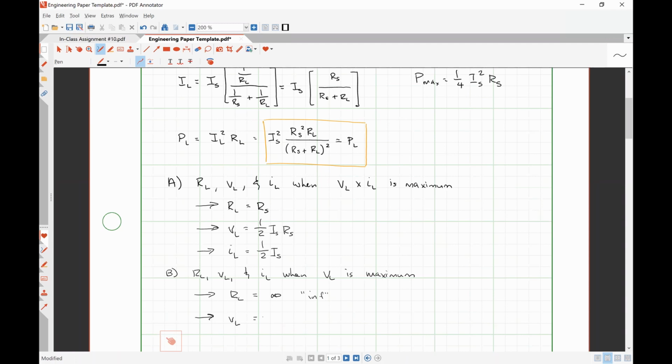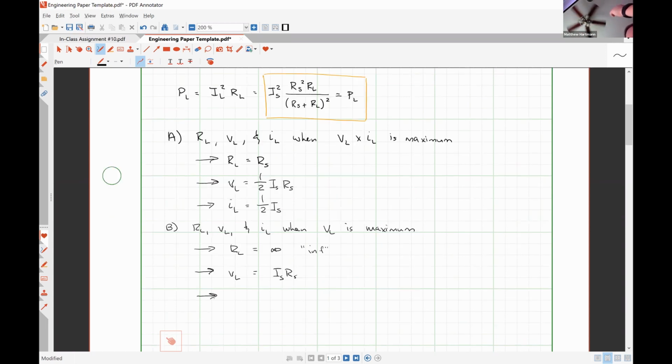IS times RS. That's exactly right. Oh, and IS was a capital. And finally, what will be the value of IL? 0.